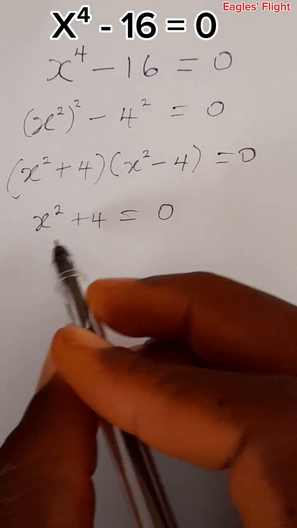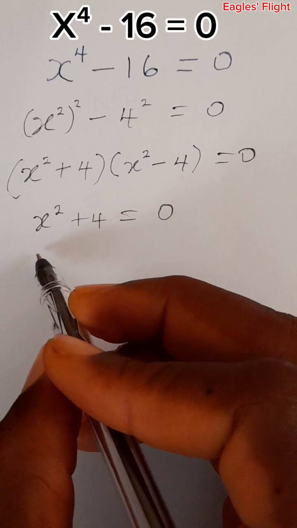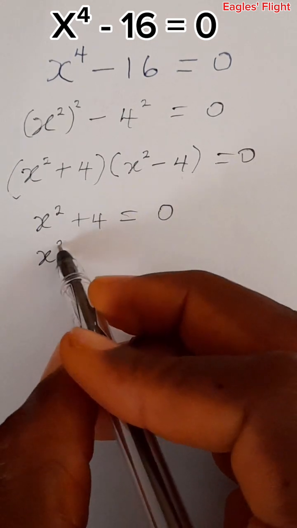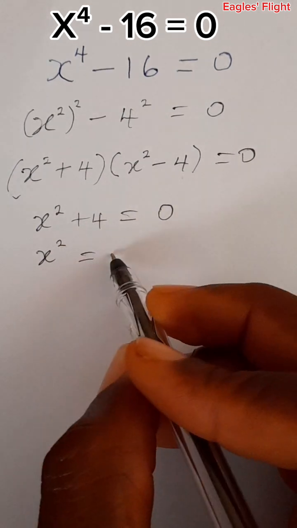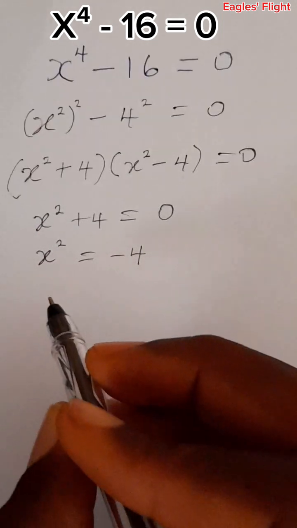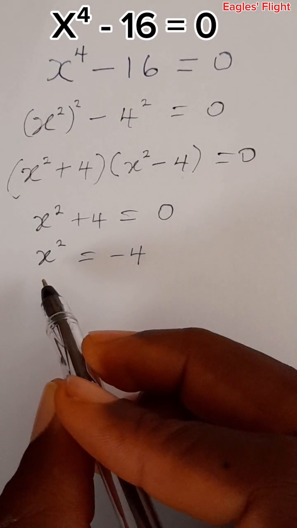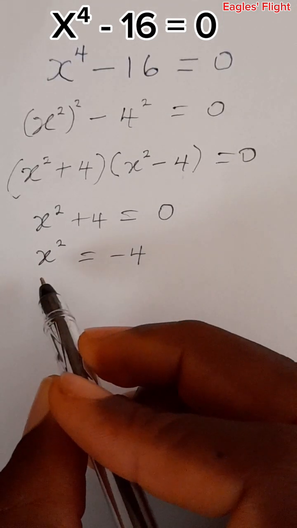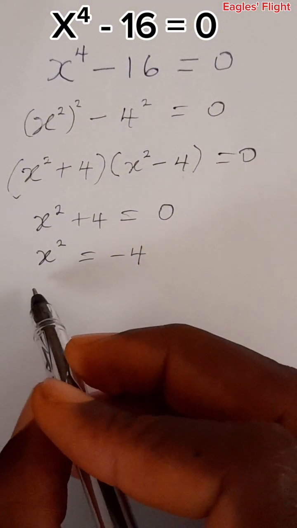Simplifying further gives us x squared equals minus 4. Then to find the value of x, we find the square root of both sides.